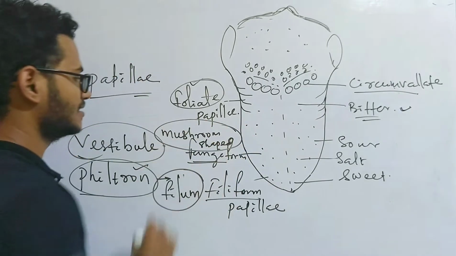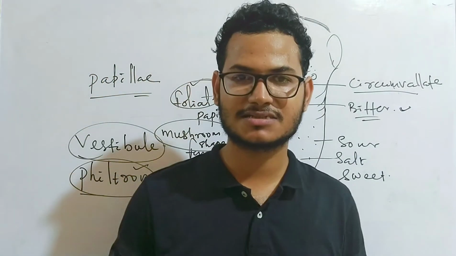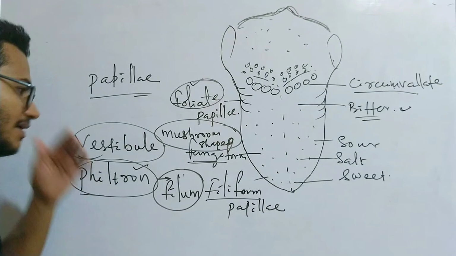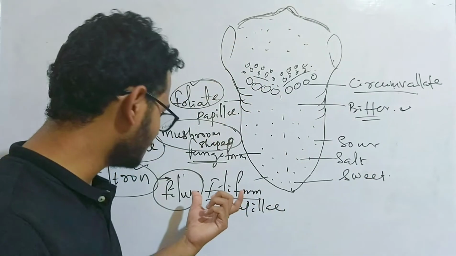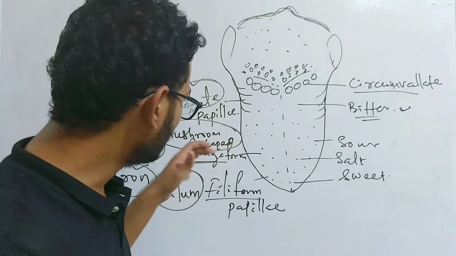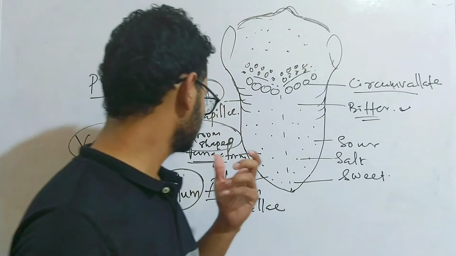So these papillae are the different parts of the tongue where the taste buds are present, except the filiform papillae. All other papillae are involved in taste.